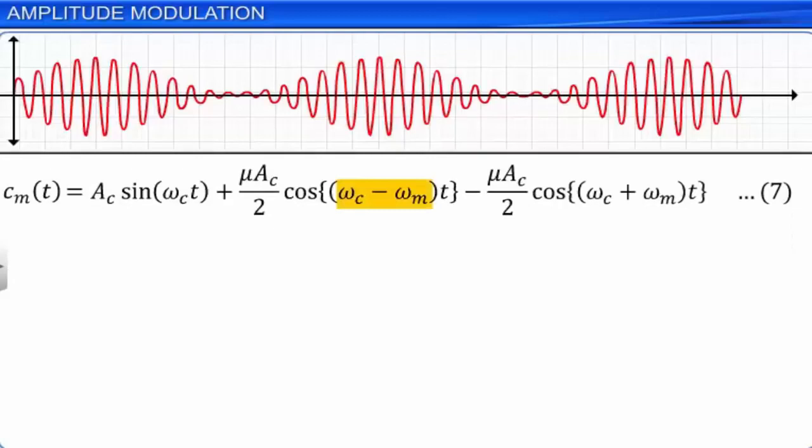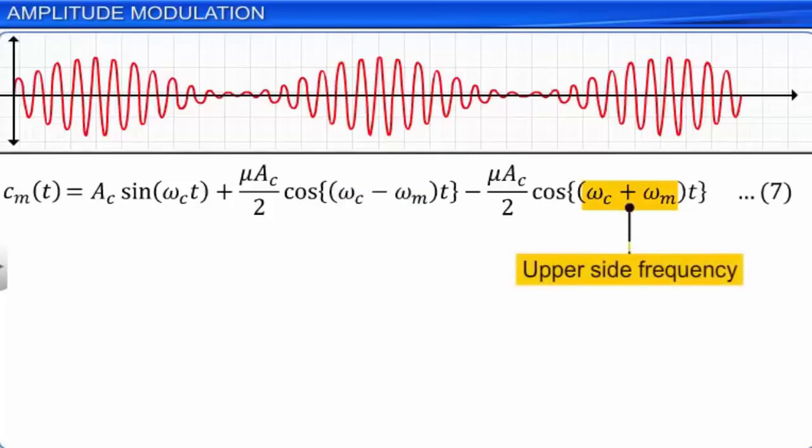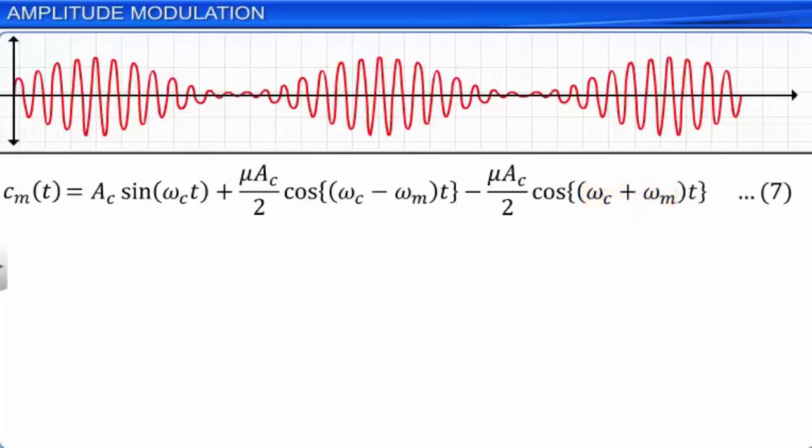The sum of the angular frequencies of the carrier wave and the message signal in equation 7 is called the upper side frequency of the modulated signal. Thus, the amplitude modulated signal consists of a carrier wave with frequency omega c and two sinusoidal waves with frequencies equal to the lower and upper side frequencies.